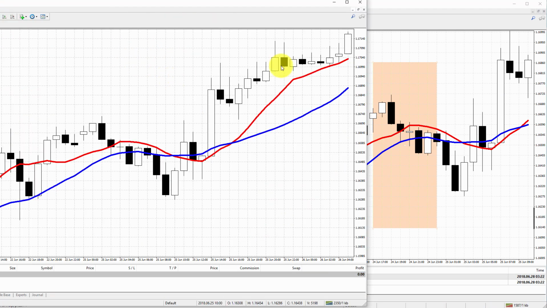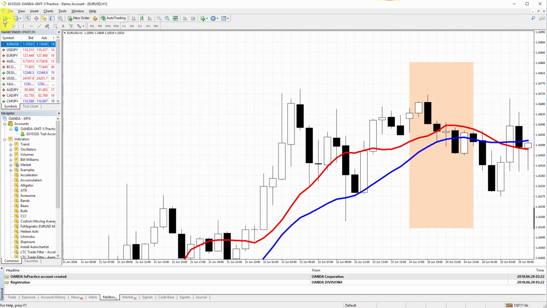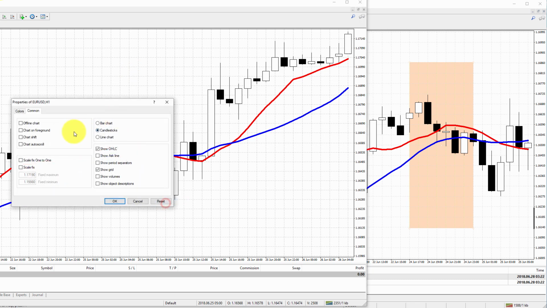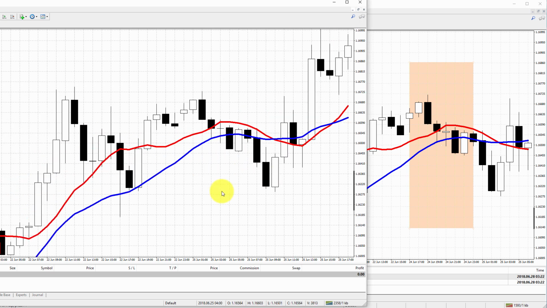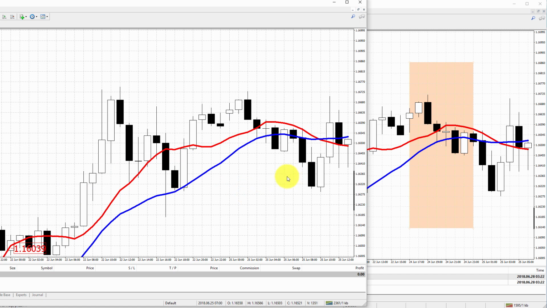Here we go. I think I am displaying the same bars. I think like this. So 1, 2, 3, 4, 5, 6, 7, 8.